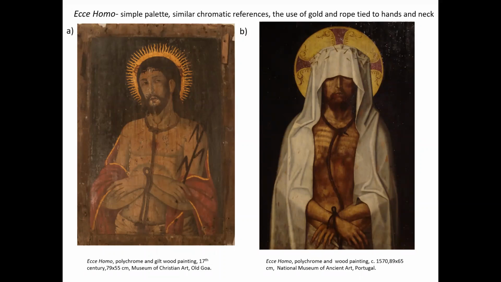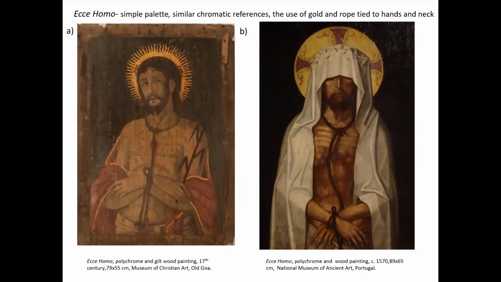This painting of Ecce Homo that we are seeing on your left, the Museum of Christian Art painting, measures 79 by 55 centimeters, and has a singular aspect with characteristics of a unique work of art.